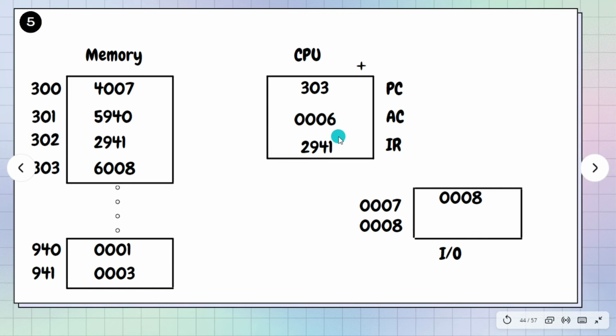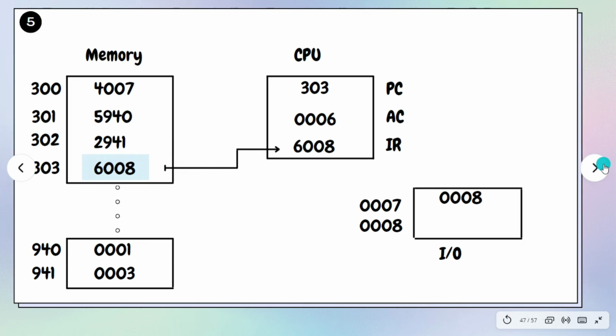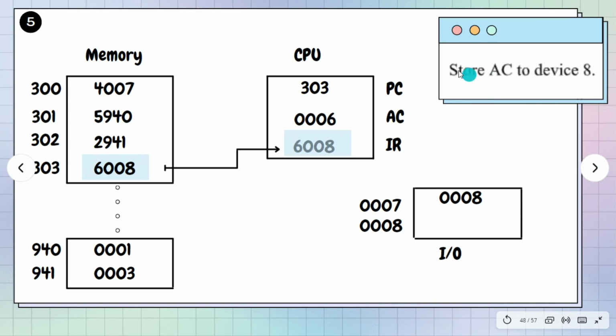The fifth step, who can guess what the first thing we should do is? Alright, we'll add one to the PC as usual after each step. So we'll take the contents of memory location 303 and store it in the IR. After that, the instruction says store AC to device 8.